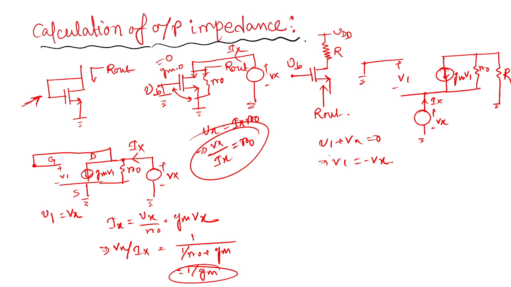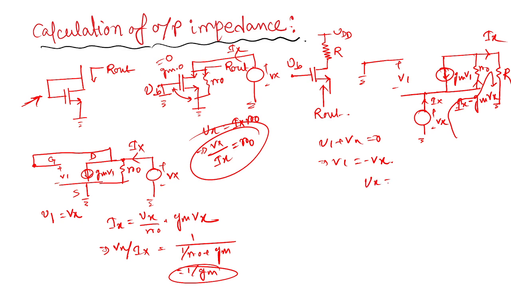Now, if this current is Ix, this current is also Ix, and what is the current flowing through here? Ix plus gmV1, so it becomes Ix minus gmVx. Now just write the KVL in this loop.